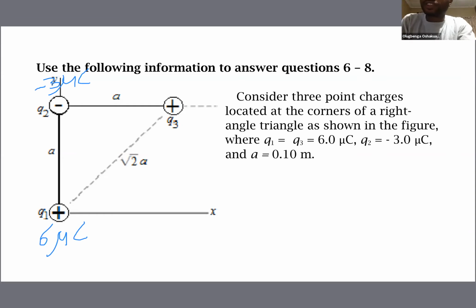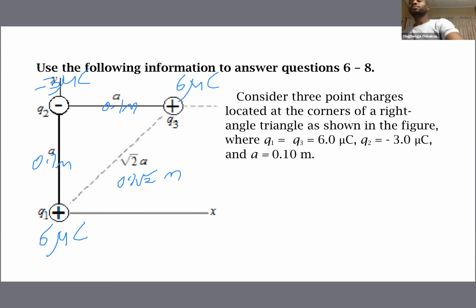Q3 is also 6 microcoulomb. And the distance of separation A is 0.1 meter. And the hypotenuse here is 0.1 root 2 meter. So this is what we are asked to consider.